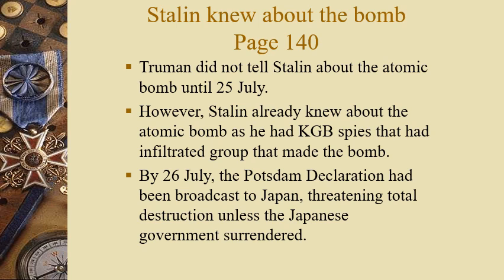However, Stalin was nobody's fool, and he already knew about the atomic bomb as he had KGB spies that had infiltrated the group that was working on the bomb, and they'd obviously told him about what America had been up to. By the 26th of July, the Potsdam Declaration had been broadcast to Japan, and they threatened a total destruction of the Japanese mainland unless Japan's government surrendered.